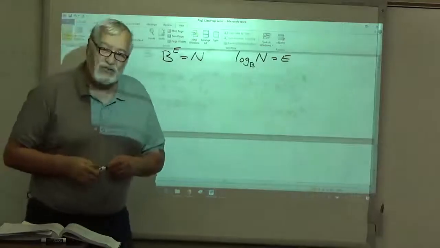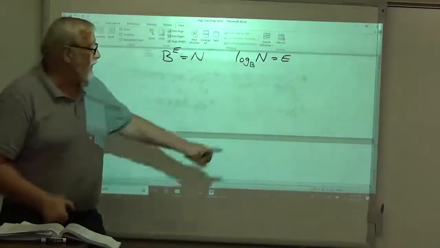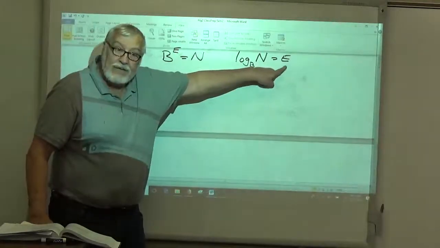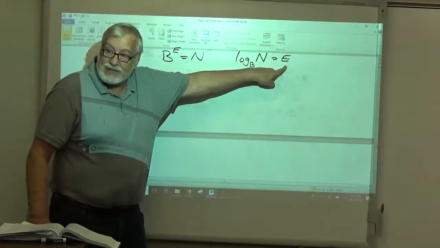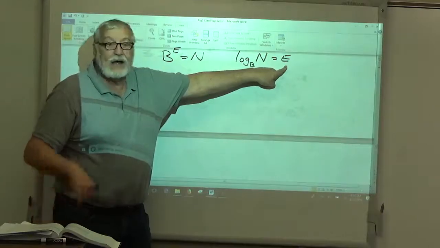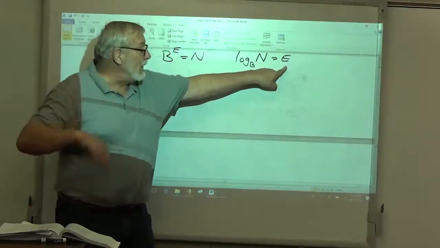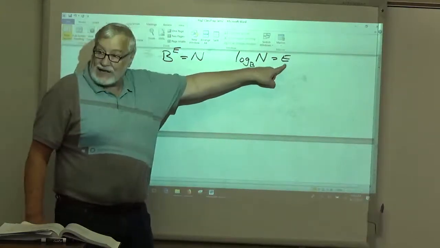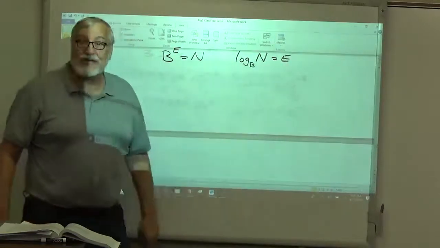So, test question: what is a logarithm? A logarithm is an exponent. Look what I'm pointing at. A logarithm is an exponent. Right now, it's more than that, but at the very least, the log is the exponent. That's a test question.